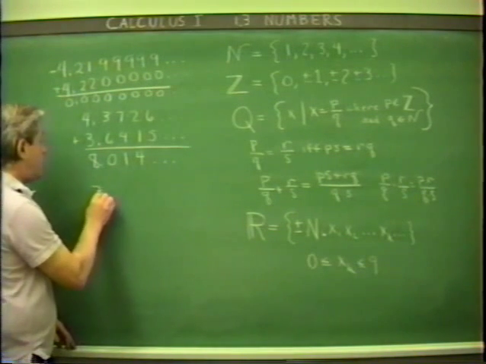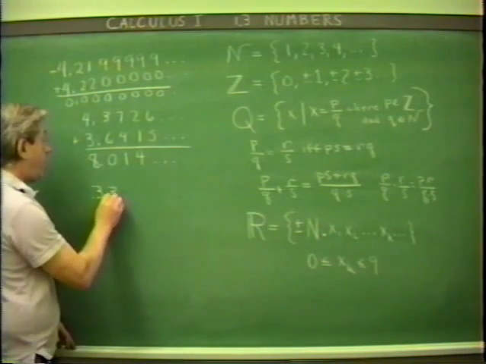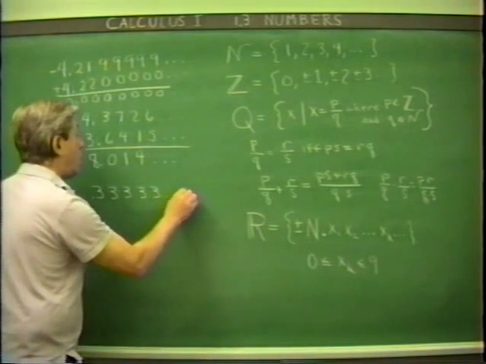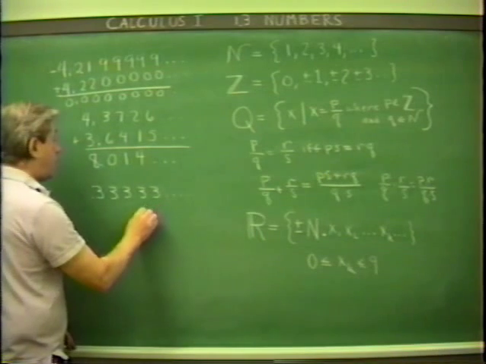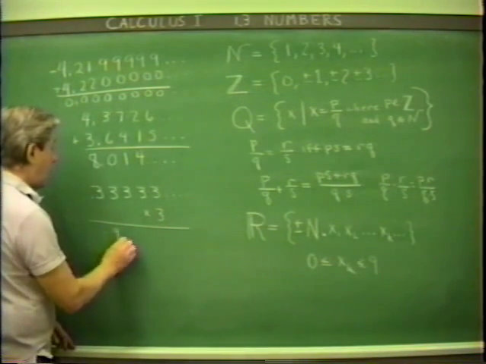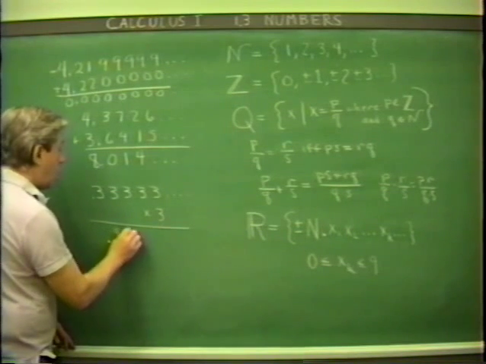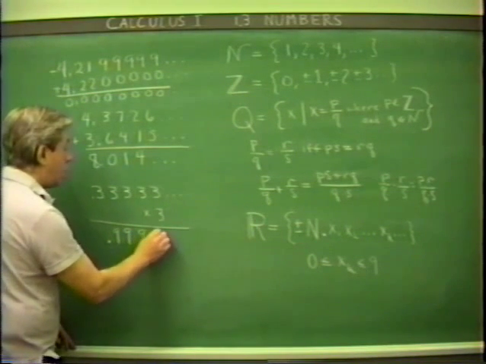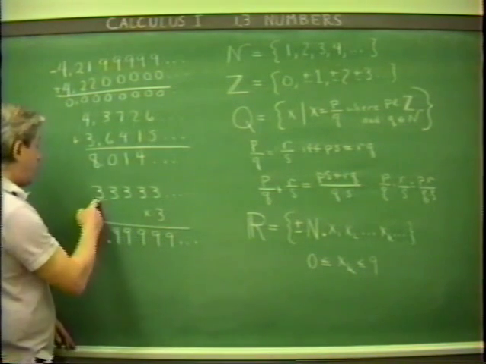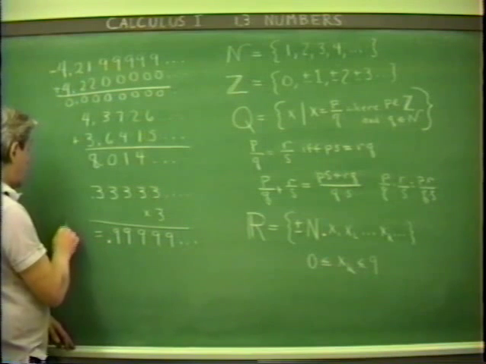Another way to see this is as follows. A third is clearly the number 0.33333 in decimal expression. And if we were to multiply that by 3, we're going to get 0.99999, and so forth. But 3 times a third is clearly equal to 1.